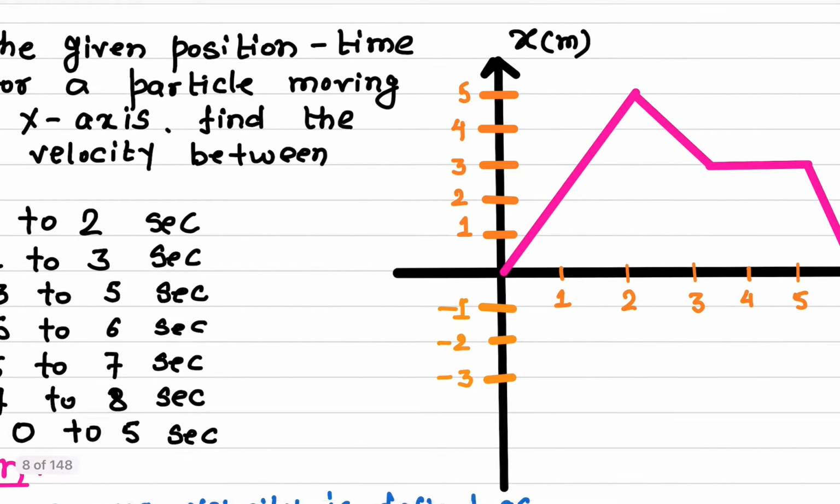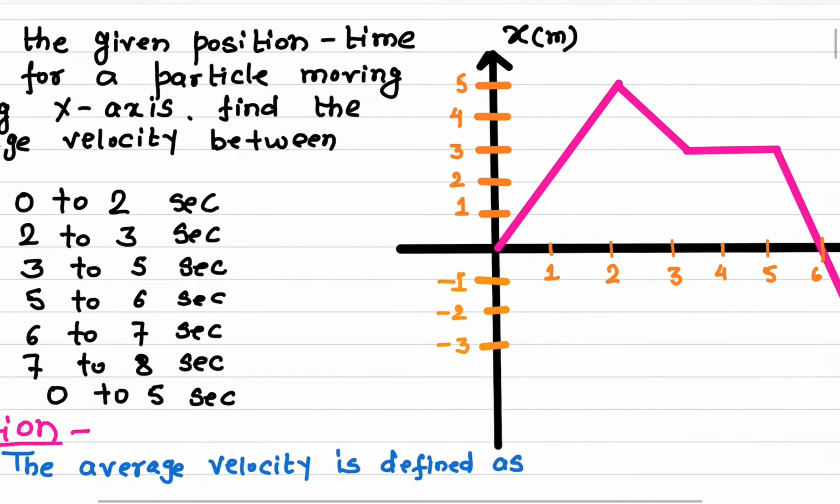You can also see from this graph that the slope is positive. Whenever the slope is positive, the object is moving in the positive direction. Now let's find the average velocity in the next time interval.